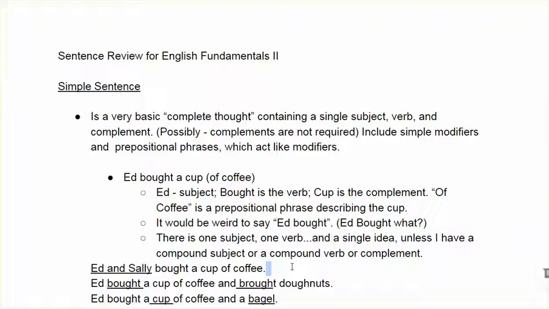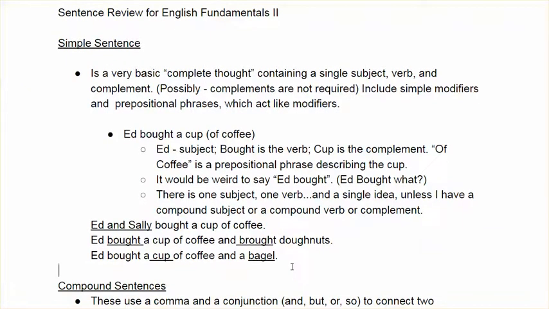Bought and brought are the things that Ed did. That's called a compound verb. Finally, I can have a compound direct object. Ed bought a cup of coffee and a bagel. Subject Ed, verb is bought, cup of coffee and a bagel are the direct objects that he bought.